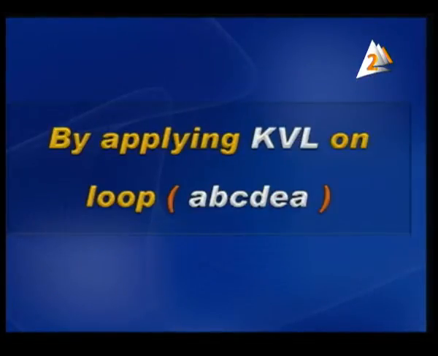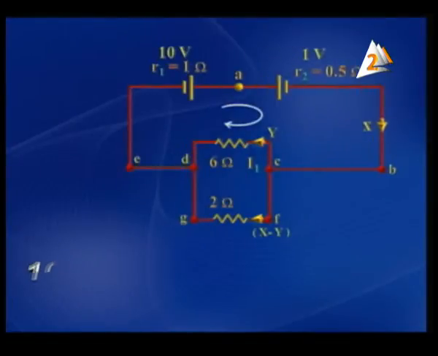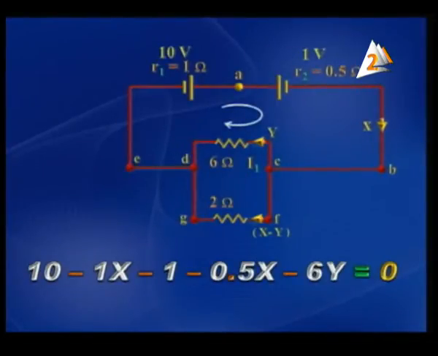So by applying Kirchhoff voltage law on loop A, B, C, D, E, A, we can say 10 minus 1x, where x is the current passing through the main circuit. Y is the current passing through the 6 ohm resistor. So the current passing through the 2 ohm resistor must be x minus y.